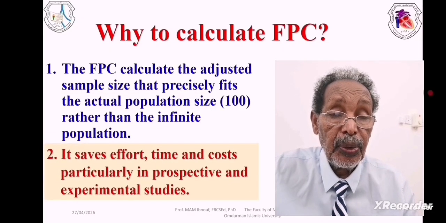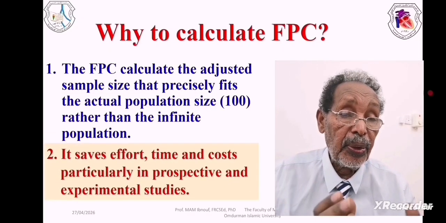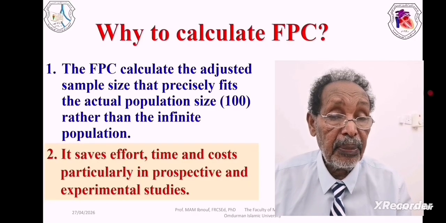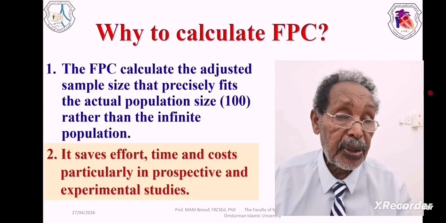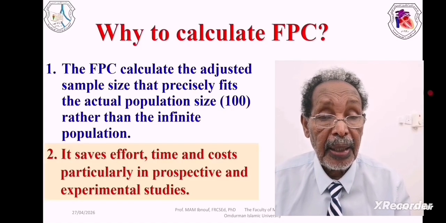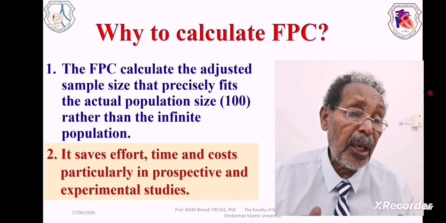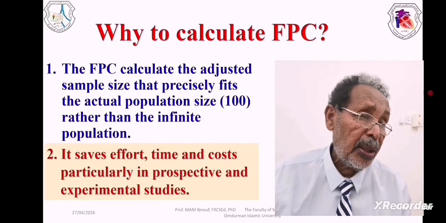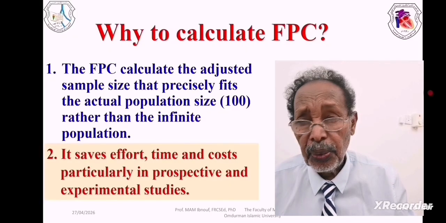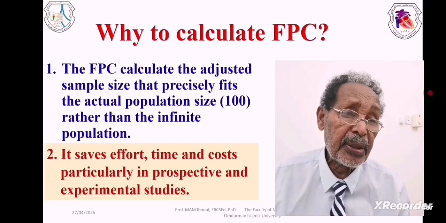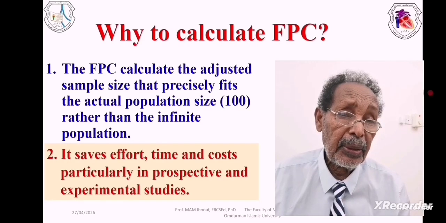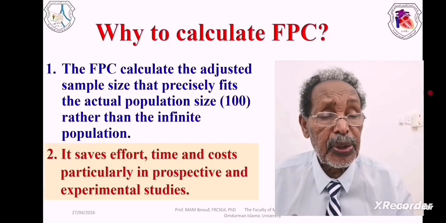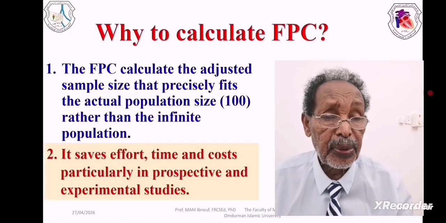And when we study only 56 cases, it will save for us time, effort, and cost, and money, isn't it? And particularly if we are doing a prospective study or an experimental study. Usually in experimental study, we do not need a lot of numbers. And in prospective study, usually it costs a lot of time and effort.